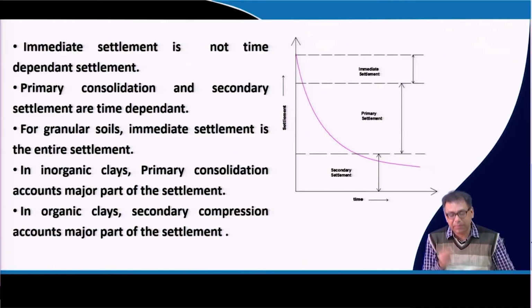For inorganic clay, primary consolidation is the major part of the settlement, and for organic clay, secondary compression is the major part. So, in this course I will concentrate on the immediate settlement and the primary consolidation settlement. We assume that our soil is one where secondary compression settlement will not be a major part, so we will consider only the immediate settlement and the primary consolidation settlement.